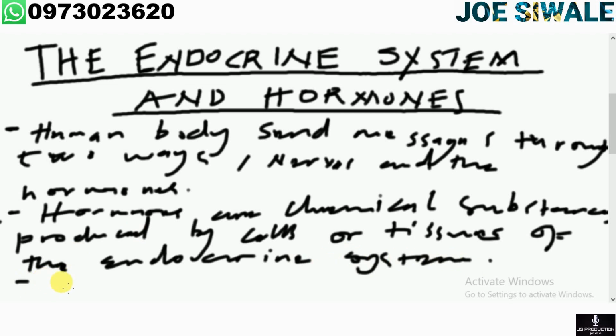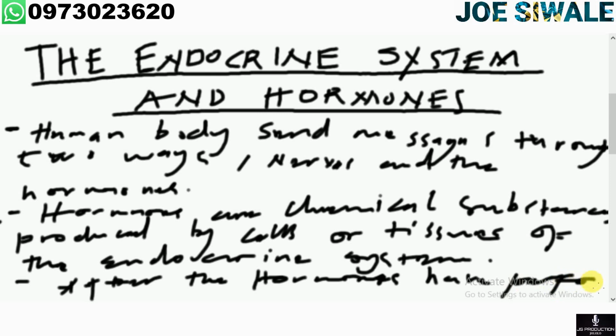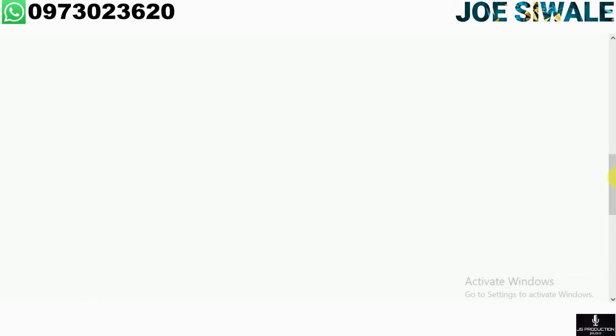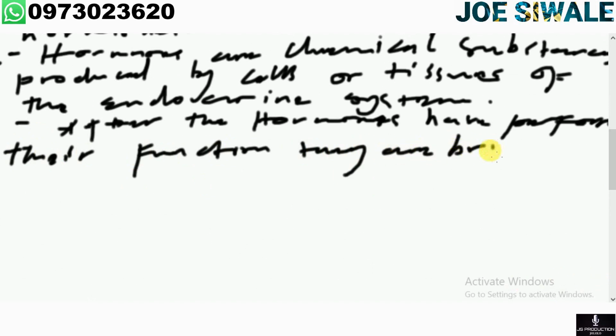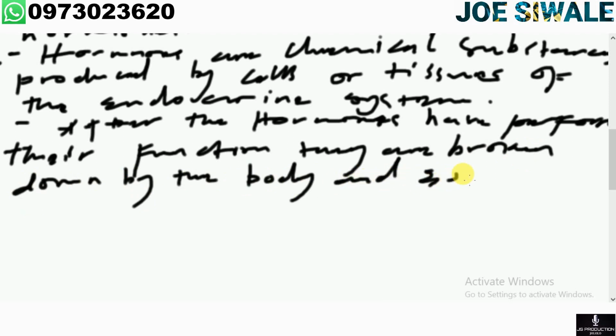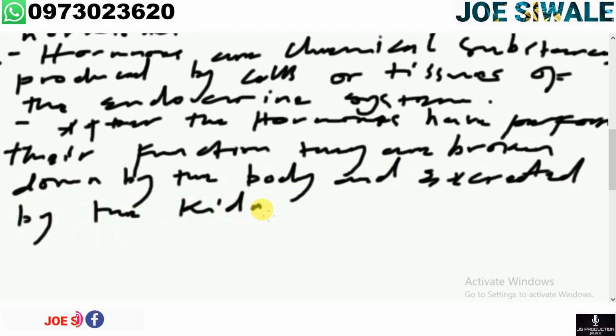So after the hormones have performed their function, they are broken down by the body and excreted by the kidney and the liver.